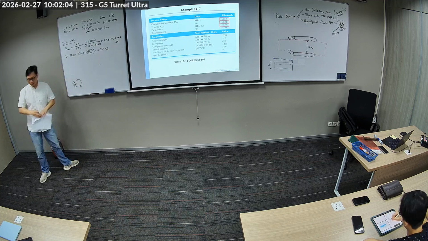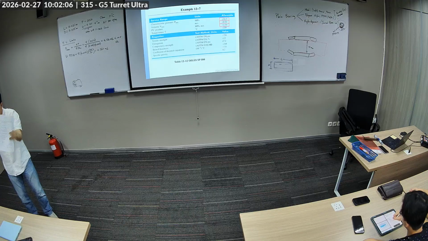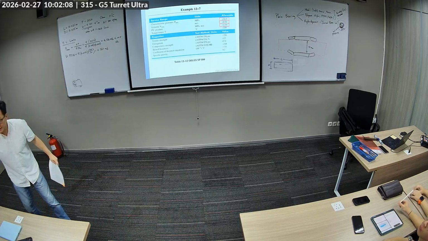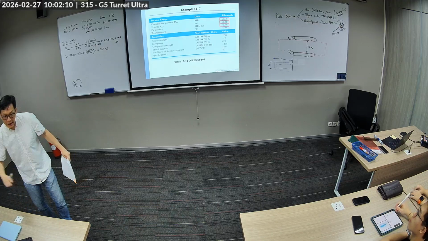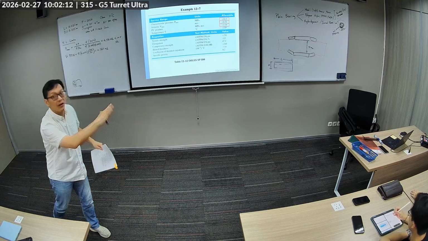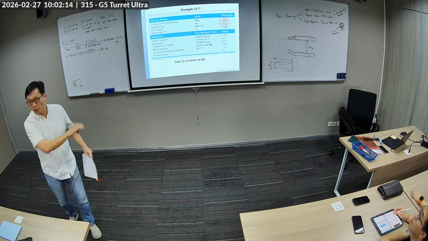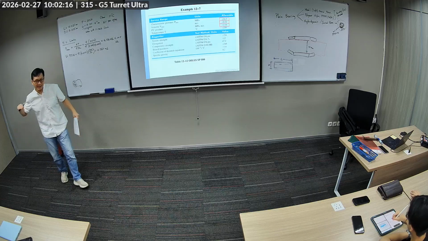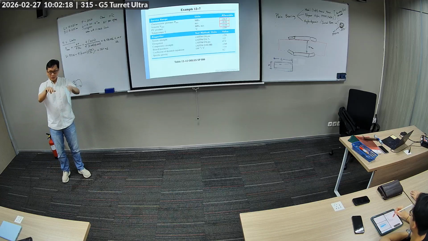Again, if you think about the bushing, if I open it up, it becomes a rectangle just like this table, and the shaft actually flies on this, right? And this is the velocity.